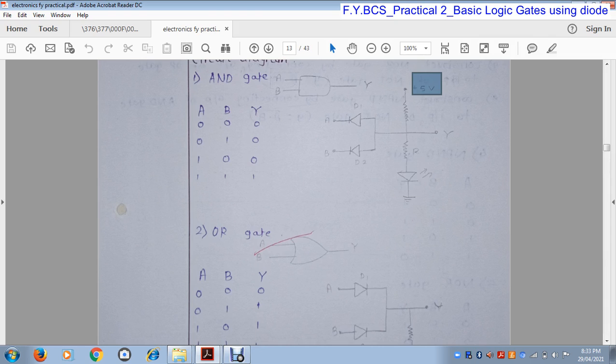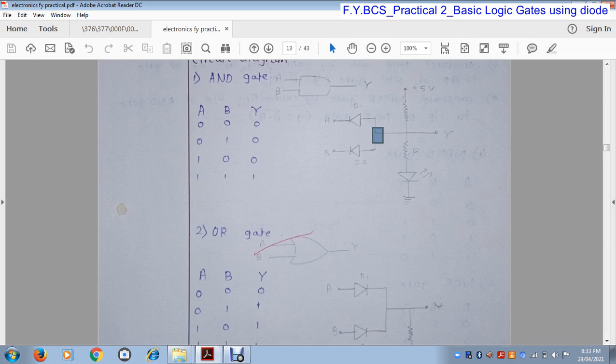We know that current flows from higher potential to lower potential. So here the potentials of both terminals of D2 are the same, so there is no current flow through this diode.